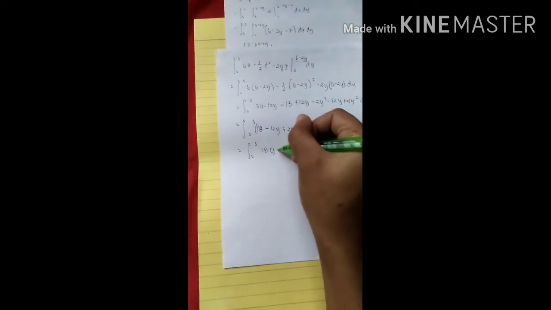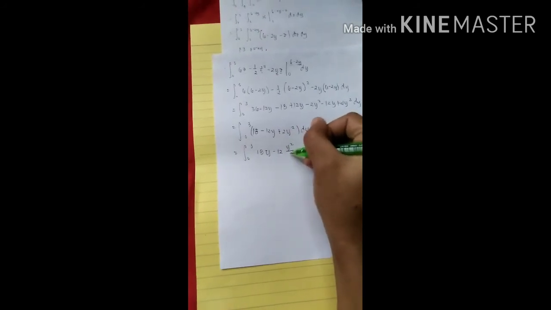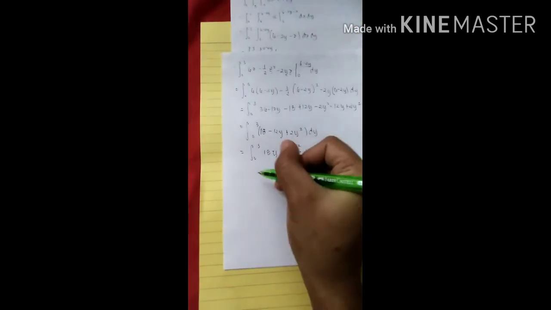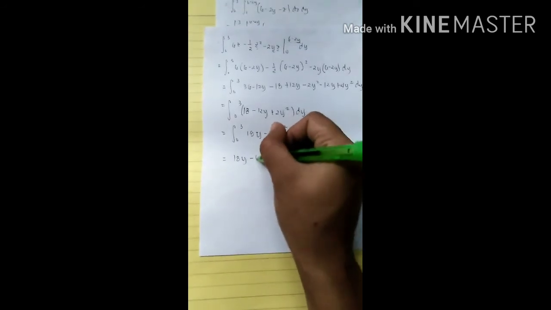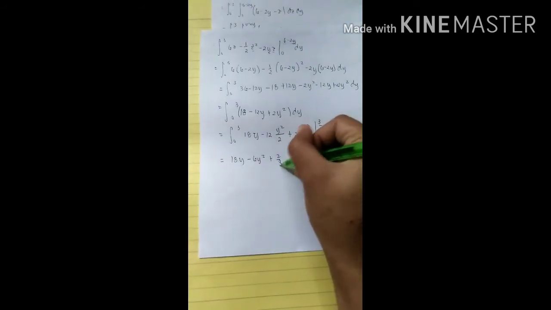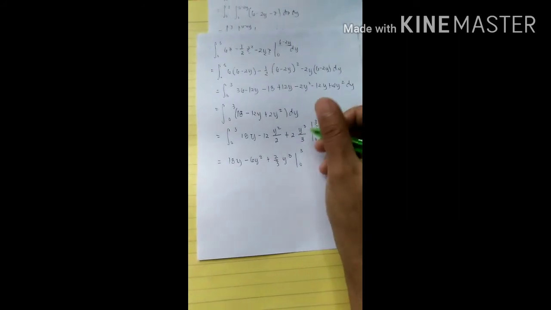So integrating, we have 18y minus 12y squared over 2 plus 2y cubed over 3, the limit of 0 to 3. So this is 18y minus 6y squared plus 2/3 y cubed with the limit of 0 to 3.